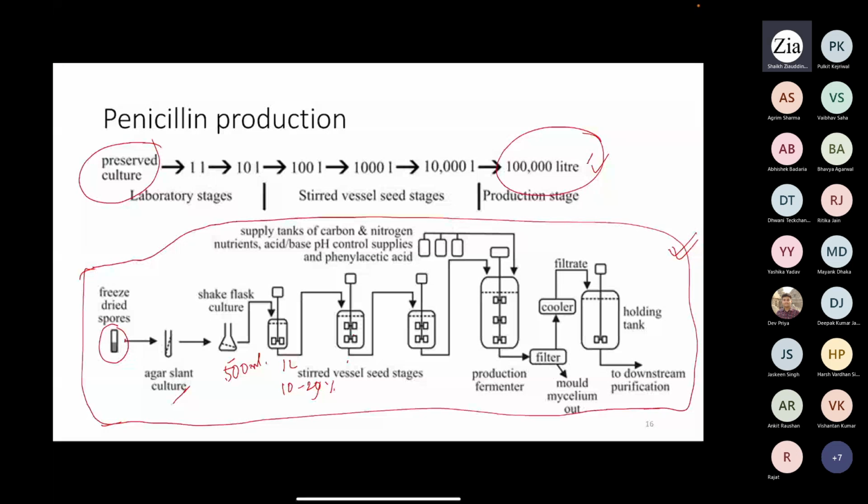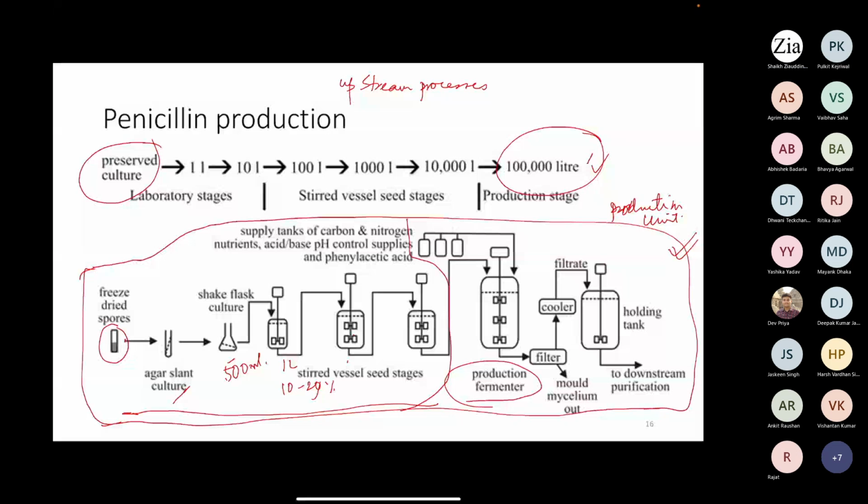So typically for any bioprocess system, you will have upstream, then you'll have the process, and then you have downstream.